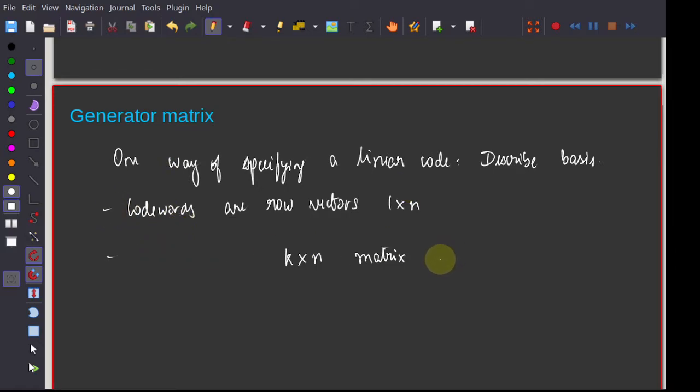This is what I'll call the generator matrix. Any k by n matrix whose rows are the basis vectors of that particular subspace will be called the generator matrix of the linear code.